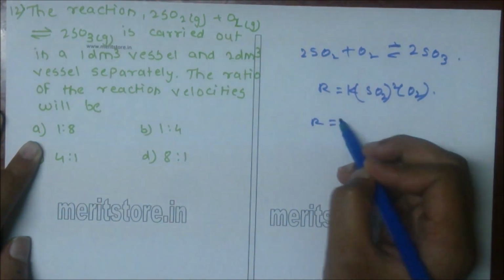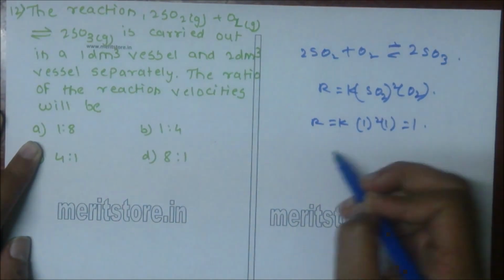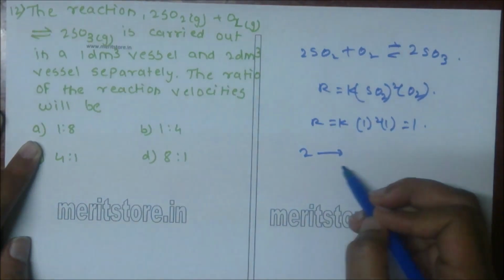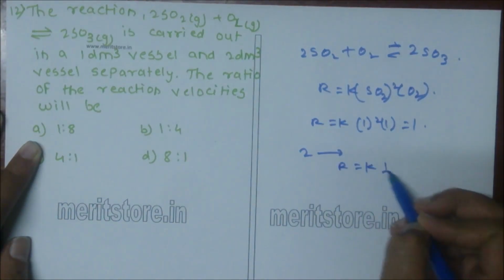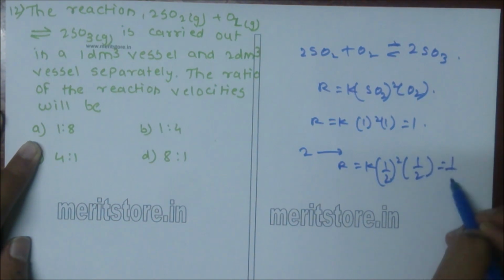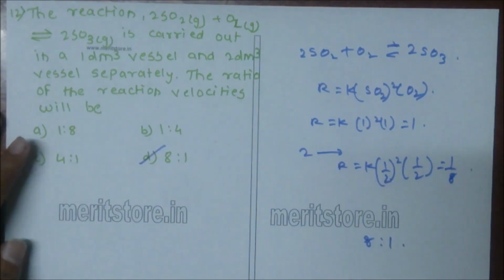Therefore, R is equal to K 1 square into 1 is equal to 1. For 2 dm³, R is equal to K (1/2) square into 1/2, equal to 1/8. So the ratio is 8 to 1. So option D is the correct answer.